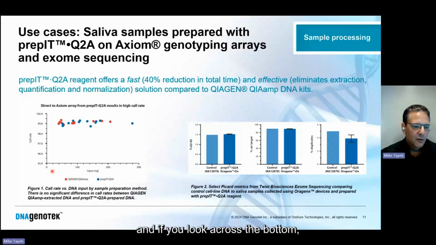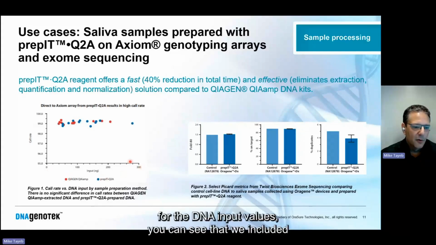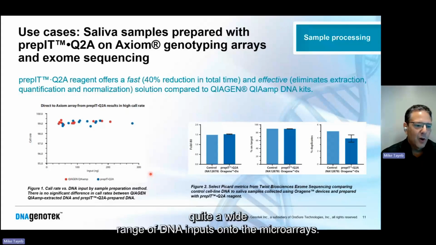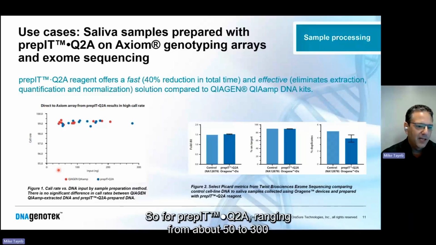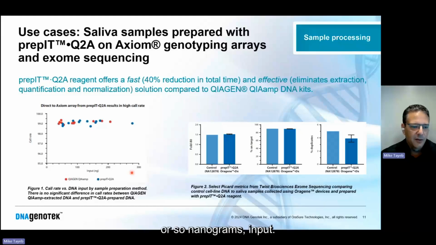If you look across the bottom for the DNA input values, you can see that we included quite a wide range of DNA inputs onto the microarrays. For PrepIt Q2A, ranging from about 50 to 300 or so nanograms input, and all of them ran successfully on the arrays.